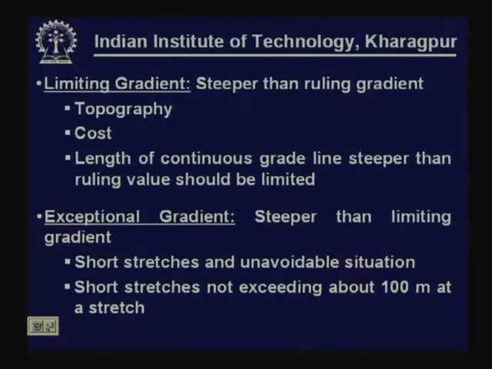Then the third type of gradient used is exceptional gradient. It is further steeper than the limiting gradient, and by name itself it is exceptional. So, it will be applied or accepted only under exceptional conditions.